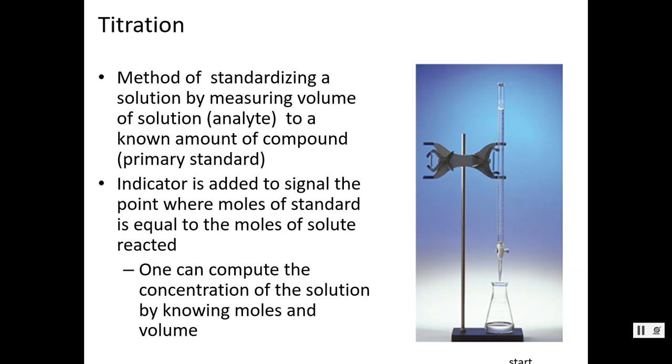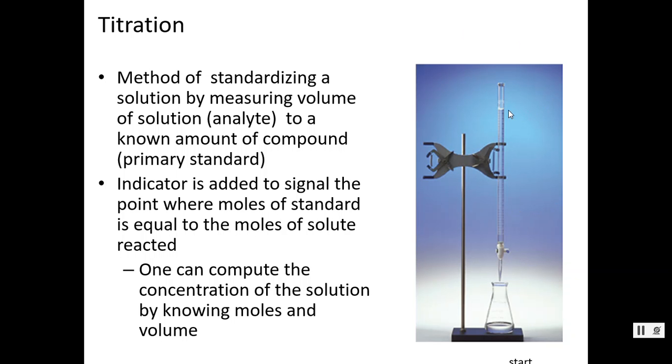In a titration, the volume of solution that you are standardizing or trying to determine is placed in this long, big, skinny glass tube that is called a burette. A burette has graduations on it, much more precise than a volumetric flask or a graduated cylinder. Most burettes can be read to the 100th milliliter.